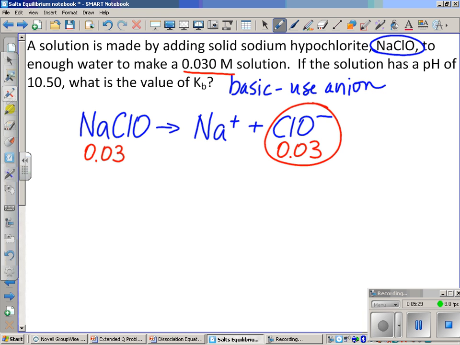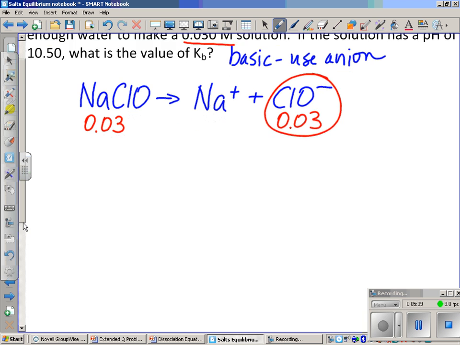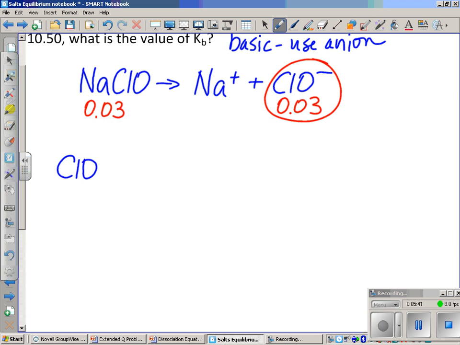By the way, is this one also 0.03? But do we care about Na? Couldn't care less. Okay, that's just going to float around in the solution and do nothing. So now we're going to go ahead and take our anion, which is ClO minus, and we are going to react it with H2O. So you're going to take whichever part was necessary. In this case, because it was basic, we're taking the anion.